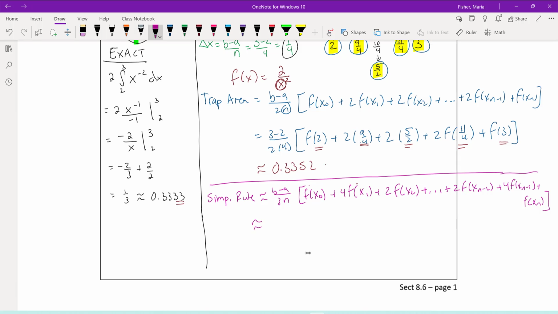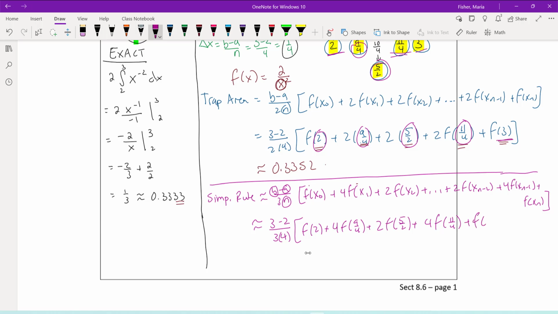In this case, b, remember, is 3, a is 2, and then 3 times n, where n is 4. And then it's going to be f of, well, the same values, 2, plus 4 times f of 9/4, plus 2 times f of 5/2, plus 4 times f of 11/4, plus f of 3.